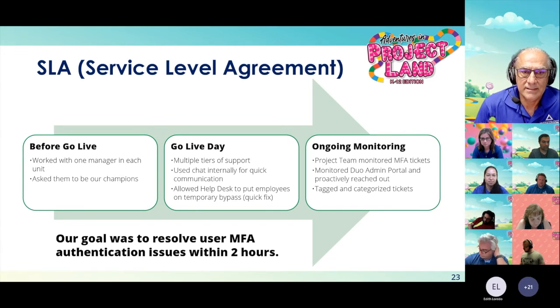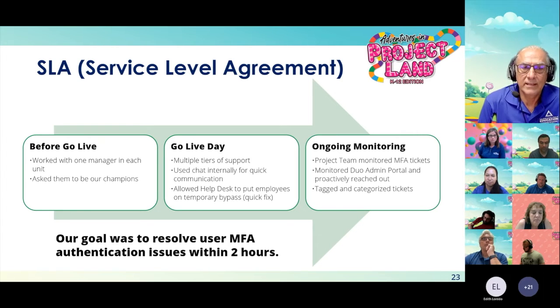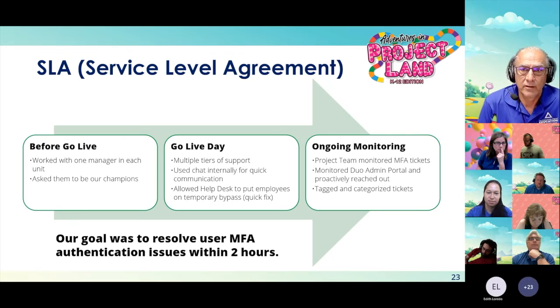Our help desk staff were authorized to put end users on temporary bypass. We did this so our end users don't have to wait for long if they were having issues that could not be resolved quickly. Remember, our SLA was 2 hours. We later took care of those users at the post go live phase.